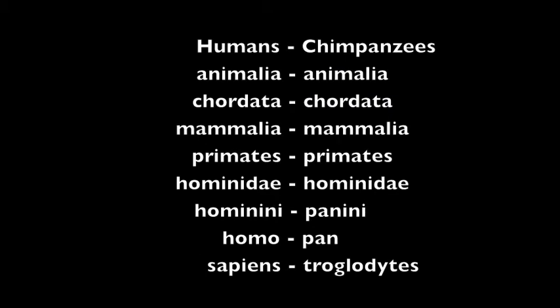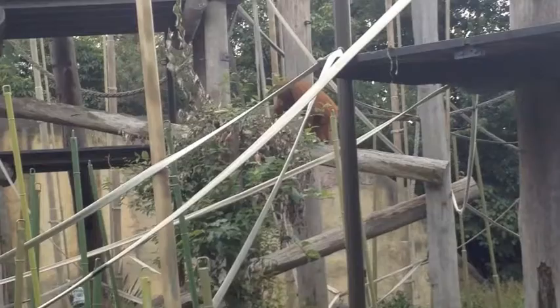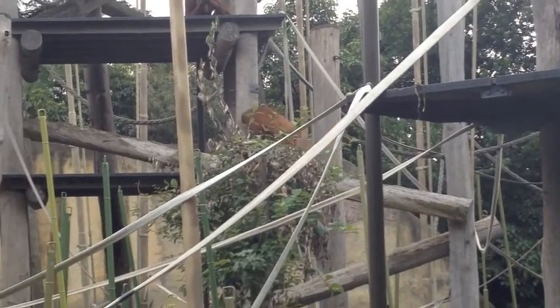To see how alike we are to other animals like chimpanzees, we can see where exactly we split from them in the process of evolution by comparing our living groups to theirs, which for them goes Animalia, Chordata, Mammalia, Primates, Hominidae, Panini, Pan, and Troglodytes.